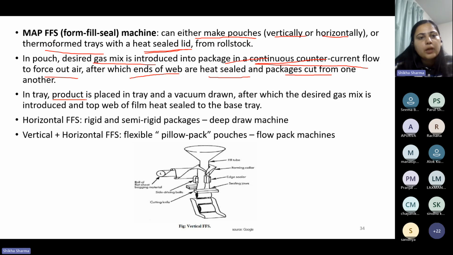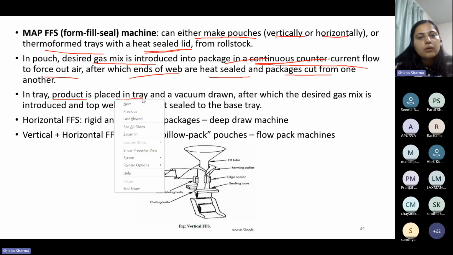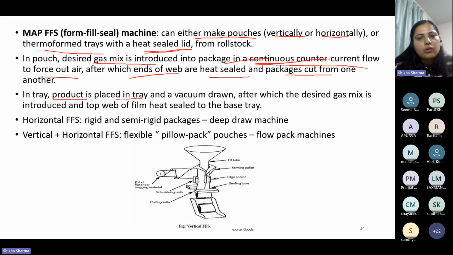In a tray, the product is kept on the tray and a vacuum is drawn, then the desired gas mixture is introduced, and a film of packaging material is heat sealed to the base tray.